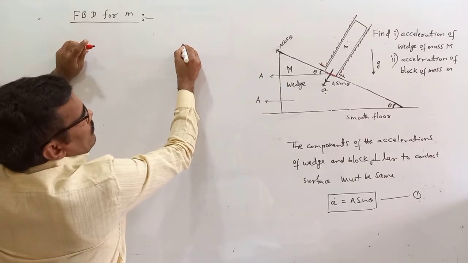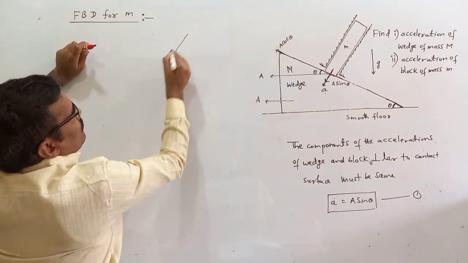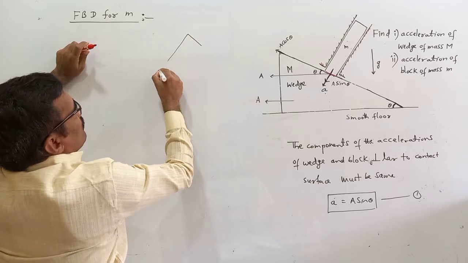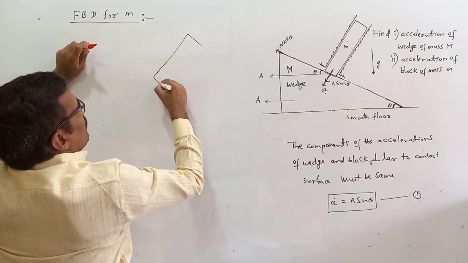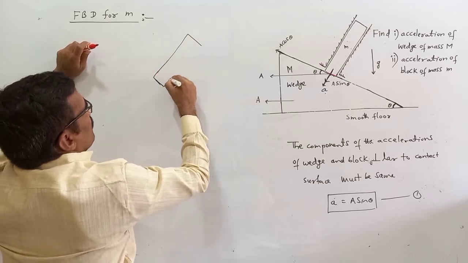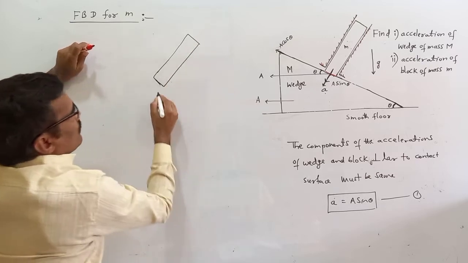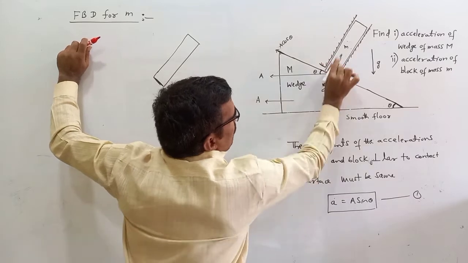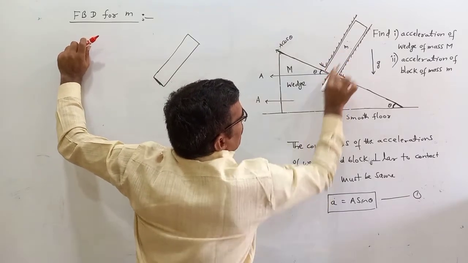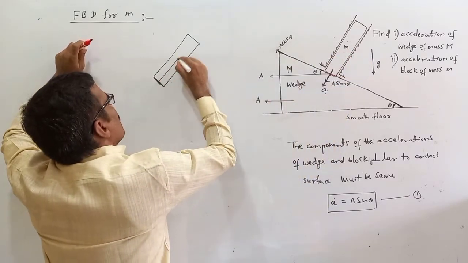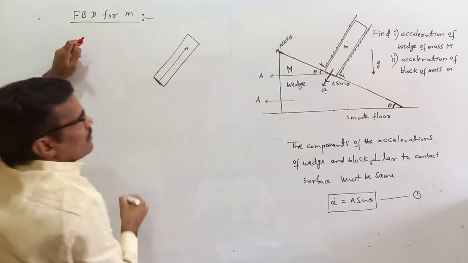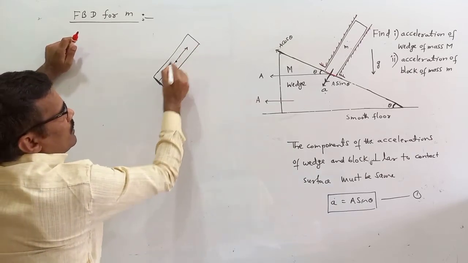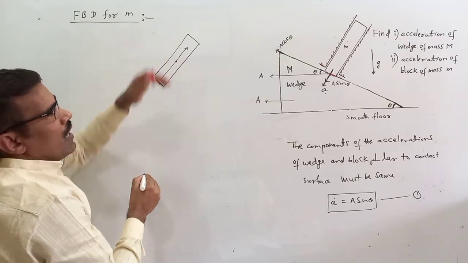So listen, free body diagram for that. Here this is the contact surface. Normal reaction on the block this side. This is the center of the block.